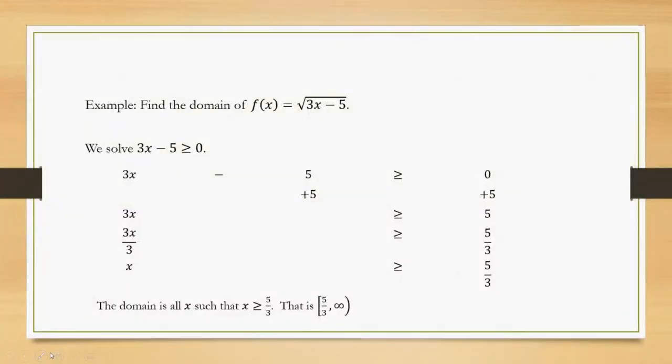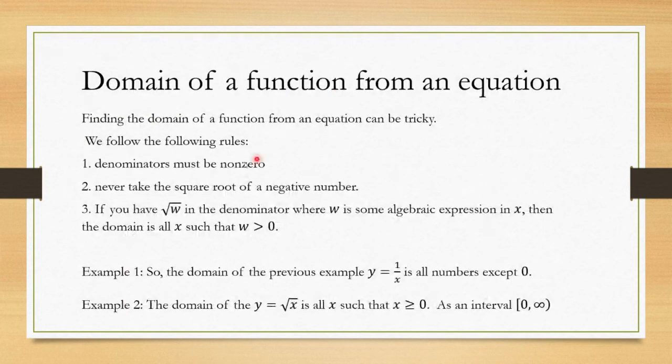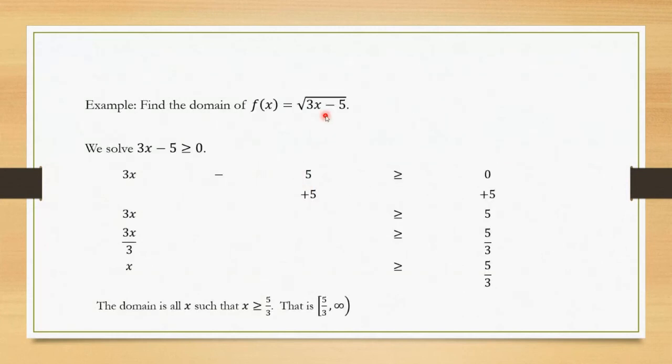Yeah. So how did you solve that? Like how did you take the radicand out? We want the domain, so we want to make sure the radicand is greater than or equal to 0, right? Because again, you never take the square root of a negative number. So for the domain, we never want 3x minus 5 to be negative. In other words, we want 3x minus 5 to be greater than or equal to 0.